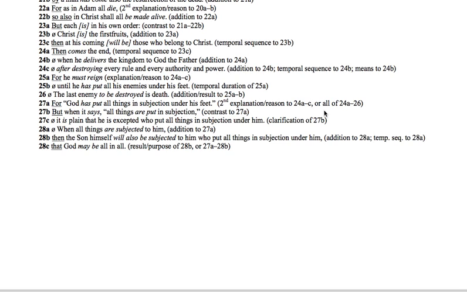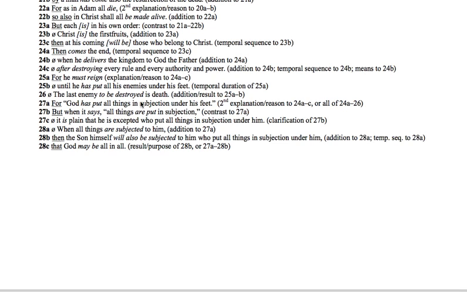Another way to understand it is that it's an explanation or reason to all of 24a through to 26. Okay, so it could come all the way down here. I see there being a pattern of one explanation followed by another, which we have seen before. And again, that's what I think is going on.